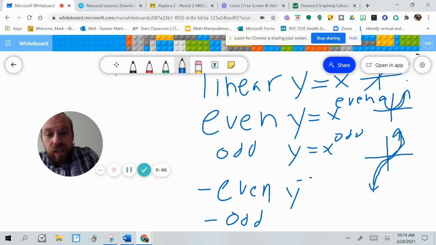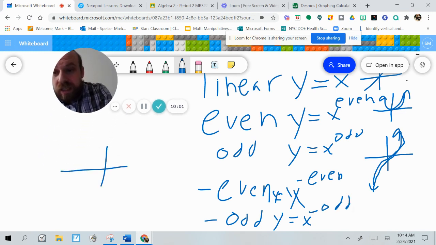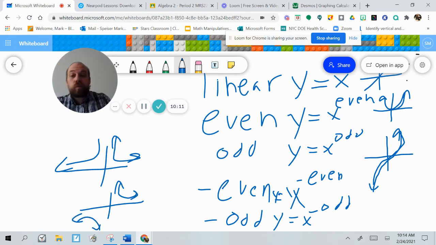So y equals x to a negative even, and y equals x to a negative odd. The negative even shape is sort of this volcanic shape, and the odd is similar, just in the first and third quadrant instead of the first and second quadrant.